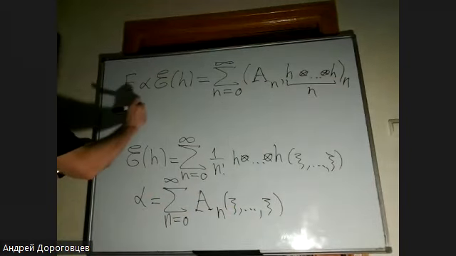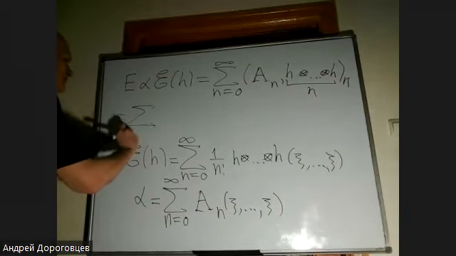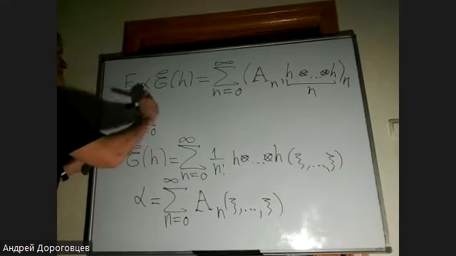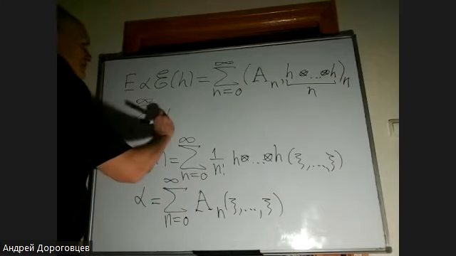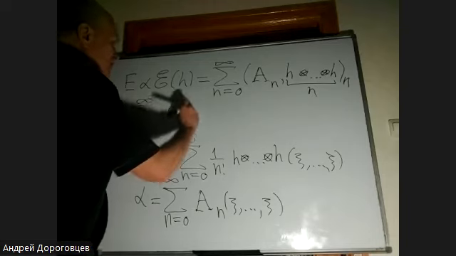And of course it is equal to the sum from n equals 0 to infinity of alpha_n from h.